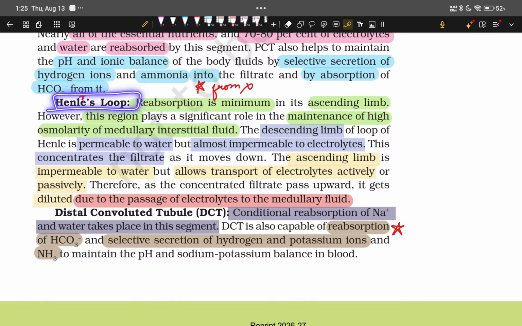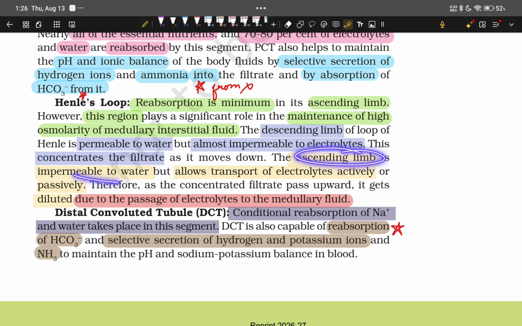Then we have Henle's loop. Henle's loop is the part of the nephron where reabsorption is minimum, and reabsorption is minimum in its ascending limb, and this ascending limb plays an important role in maintenance of a high osmolarity of the medullary interstitium. The descending limb of the loop of Henle is permeable to water but impermeable to electrolytes, so it concentrates the filtrate.